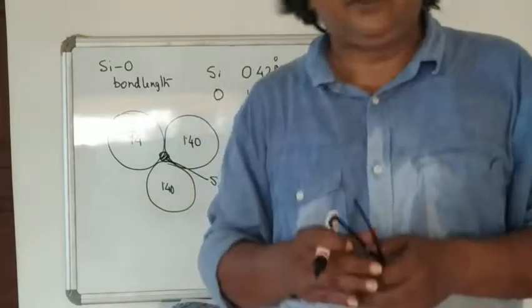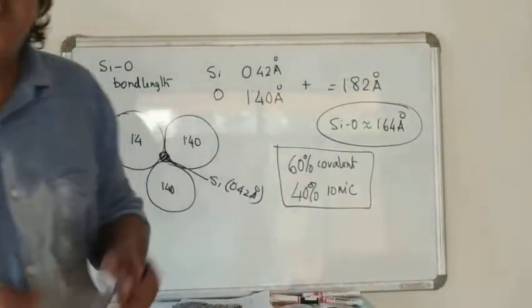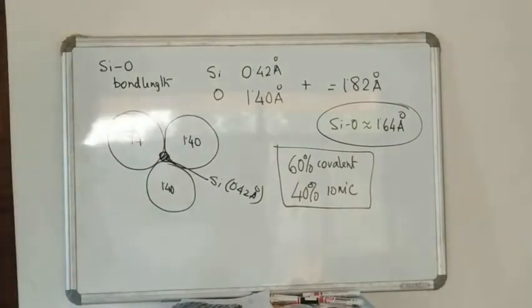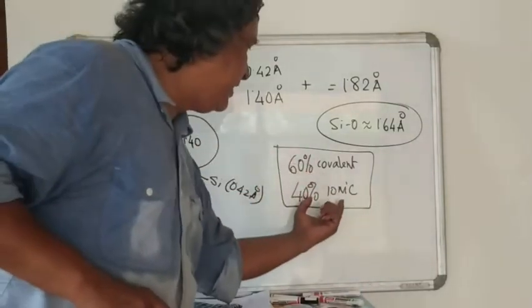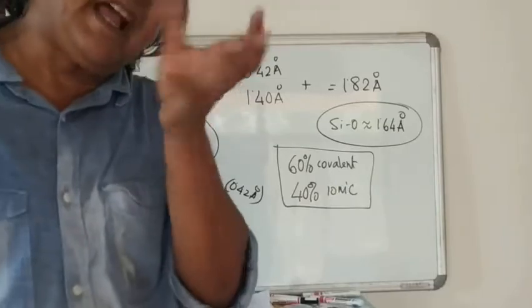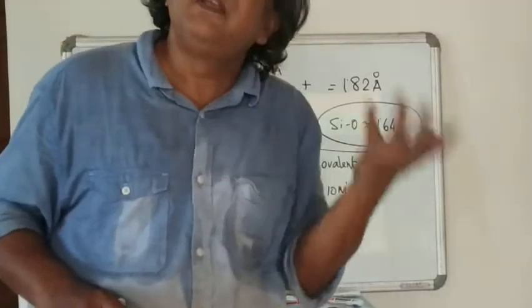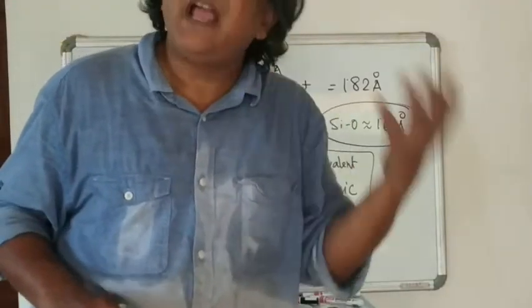So our earth, the crust and the mantle, have these properties. At the same time, there would be some amount of ionic character in our rocks and in our magmas.